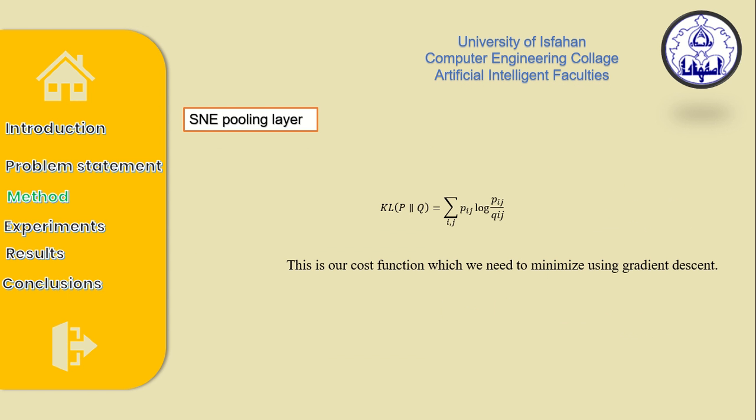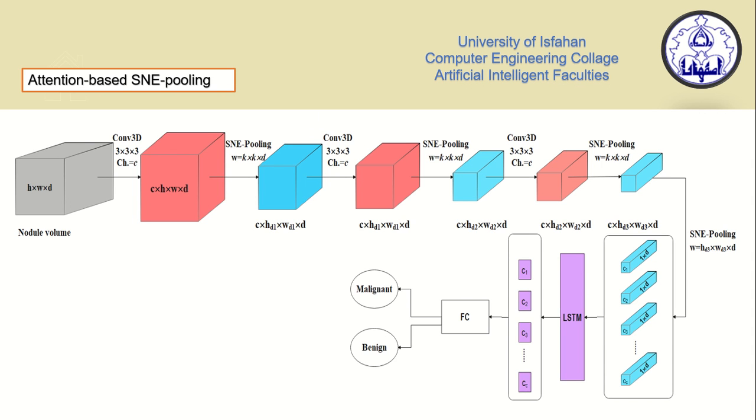This KL equation is our cost function, which we need to minimize using gradient descent to get our last downsampled vector. Let's now talk about our model, which uses the SNE pooling.